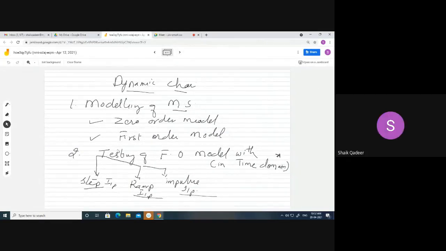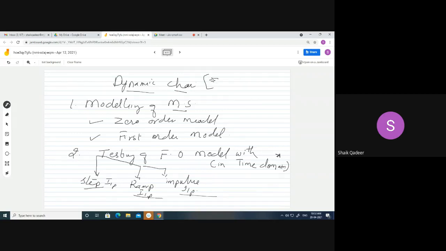So in this, I have discussed the content of dynamic characteristics. Instead of directly going into discussing the dynamic characteristics, because this is a wide discussion, you will find the discussion of dynamic characteristics in the control system subject and the process control subject. In this particular subject, we start from scratch.